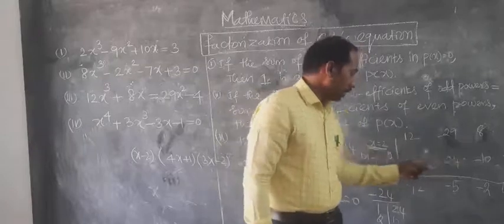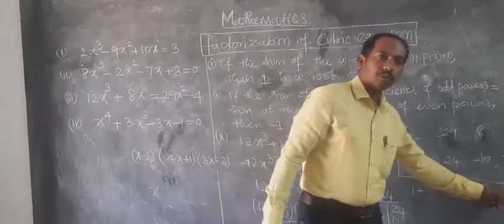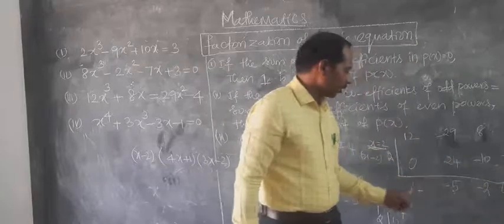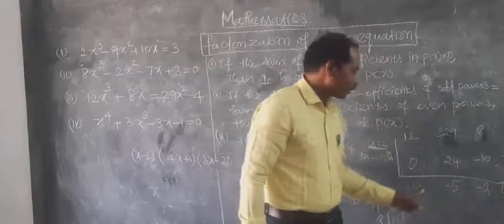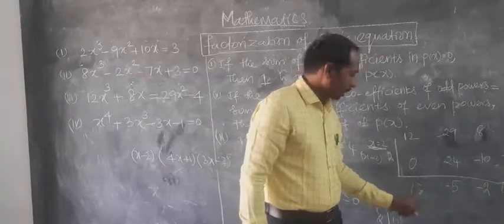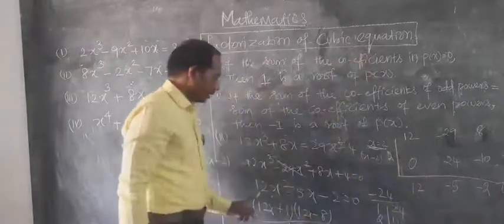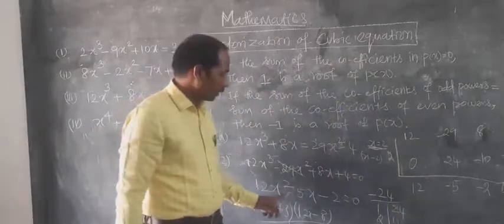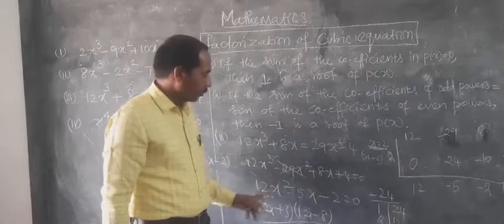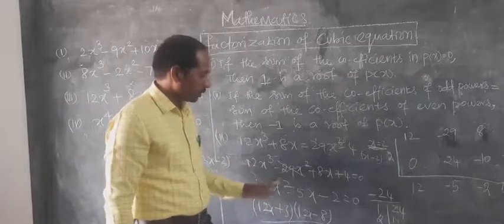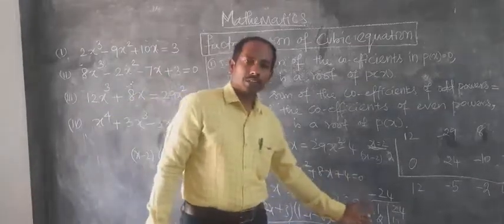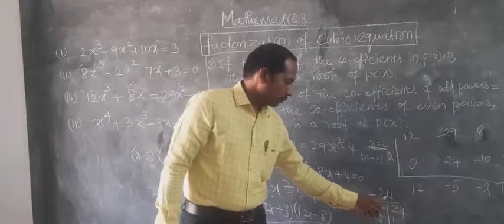For any root, the remainder will always be 0. At the same time you have to write a quadratic equation using x square, not x power 3. For x square, in the previous video I taught very well how to factorize quadratic equations. Here also I have explained minus 24.